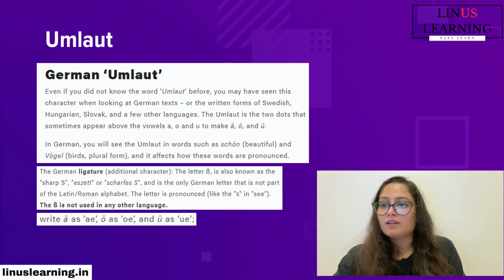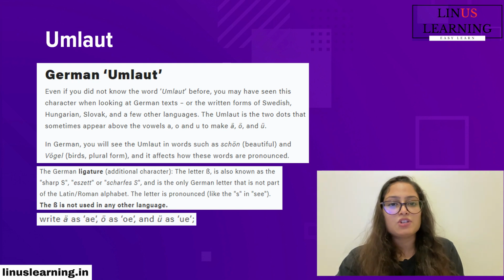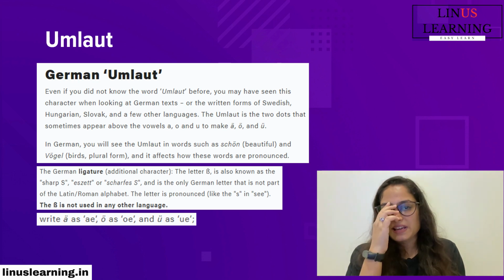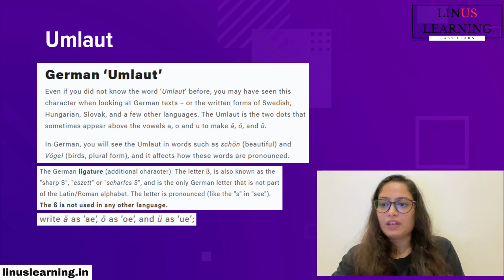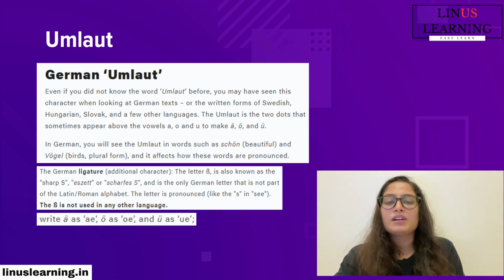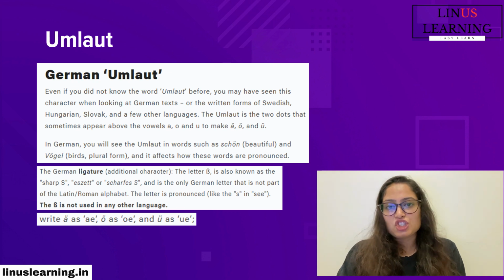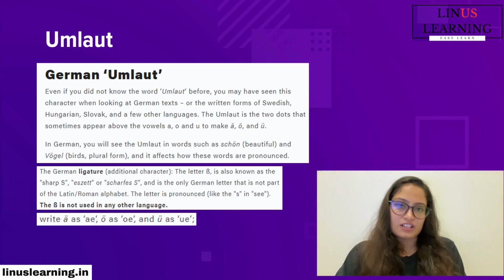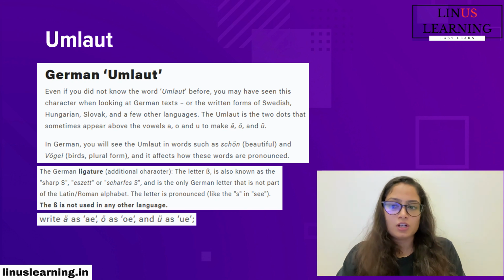Then if we have S and P together, then we say sp, like Spinne. Spinne is spider. Then if we have S and T together, then it will be st, Stern, star. If we have SCH together, then we pronounce it like sh, for example, Schere. Schere is scissors.